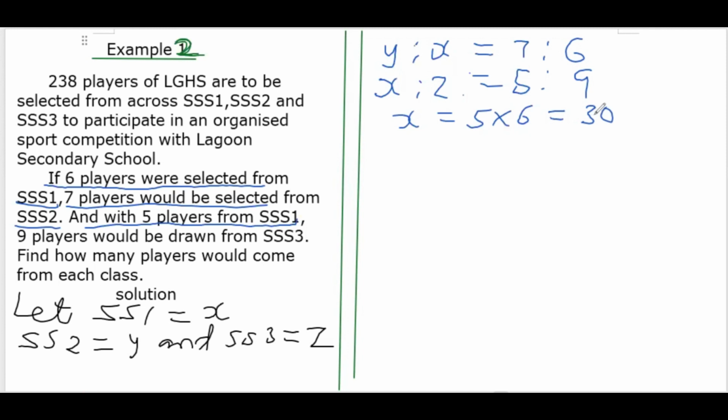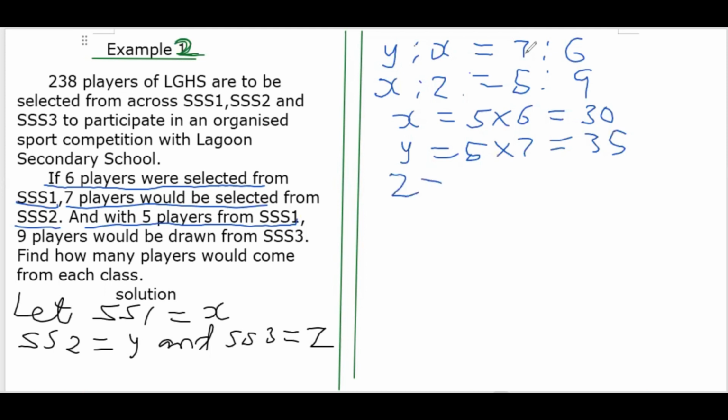What was used to divide 30 to become 6? It is 5. So the same factor must have been used to reduce the original value of Y, which is also 5. So Y will now be 5 times 7, which is 35.